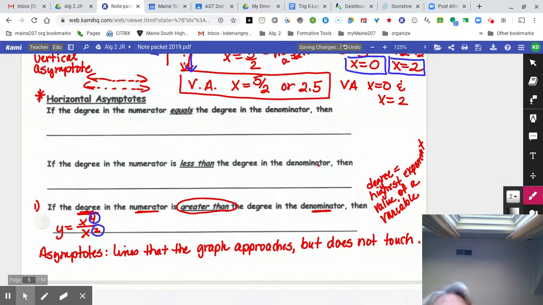So if your degree in the numerator, or the top, is greater than the degree in the bottom, then what that means is there is no horizontal asymptote.